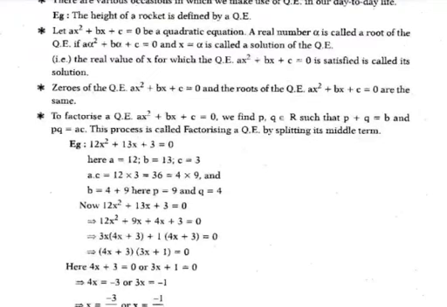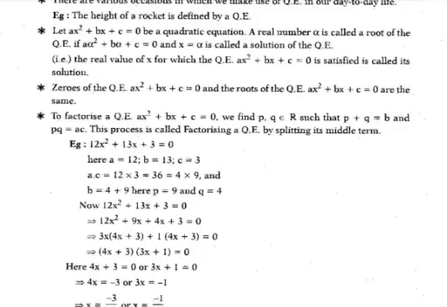Now let ax square plus bx plus c equal to 0 be a quadratic equation. A real number alpha is called a root of the quadratic equation if we substitute x equal to alpha, then a alpha square plus b alpha plus c equal to 0, and x equal to alpha is called a solution of the quadratic equation.